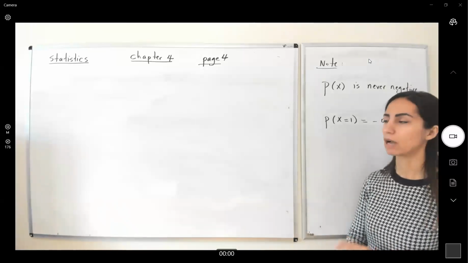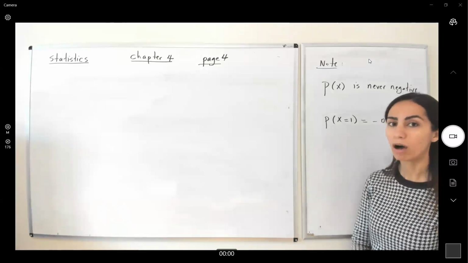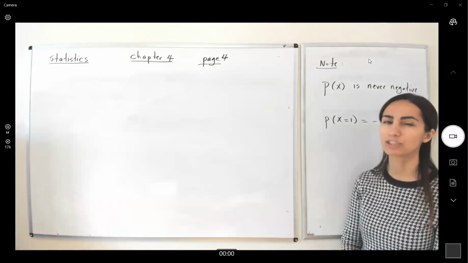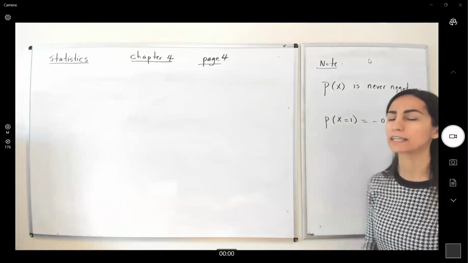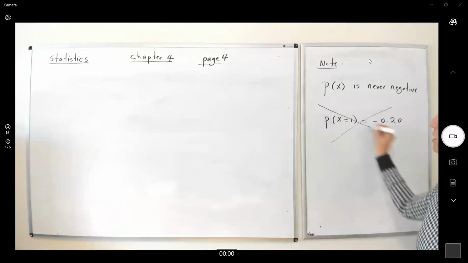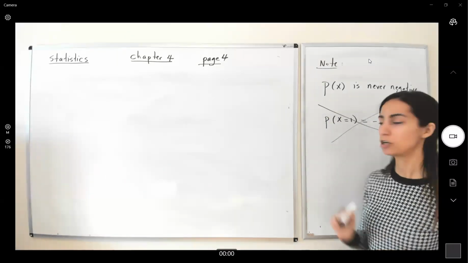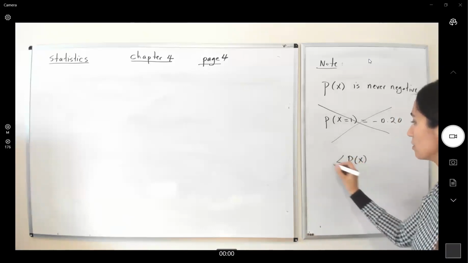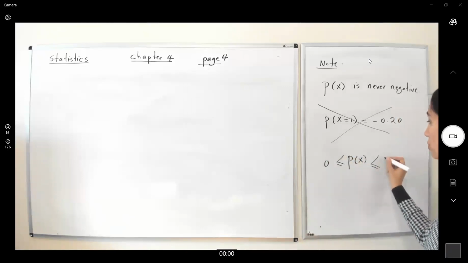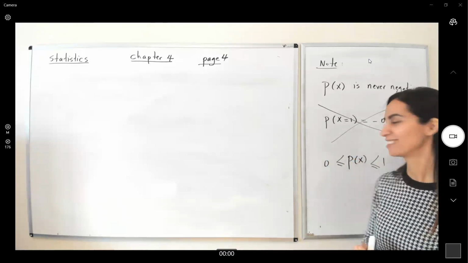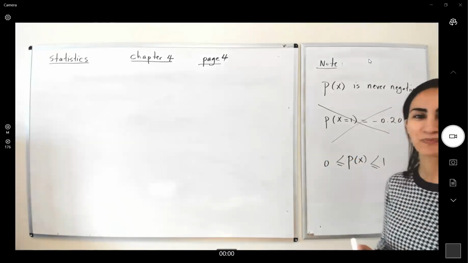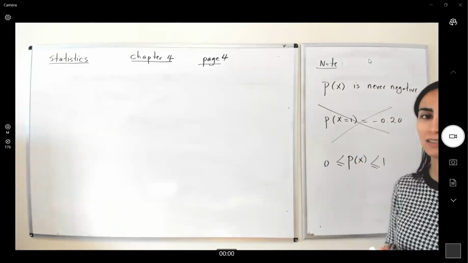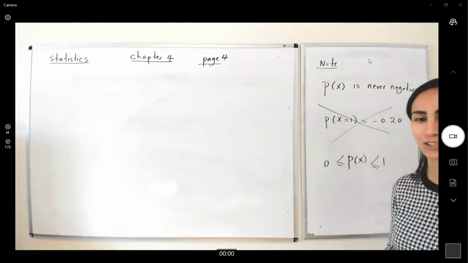You stop and you say, hey, it's not possible for a probability distribution function to be a negative value. This is wrong. So P of x is always a number between 0 up to 1 inclusive. Never greater than 1, never less than 0.